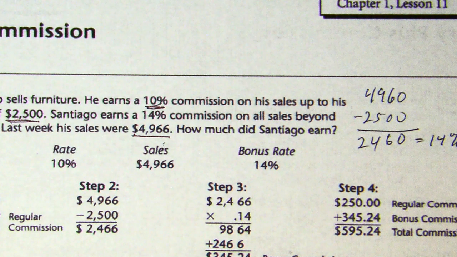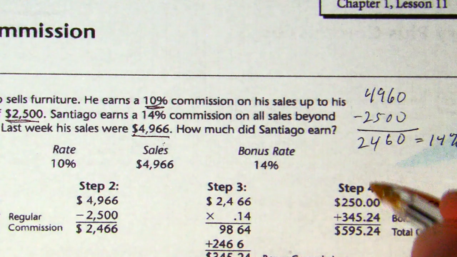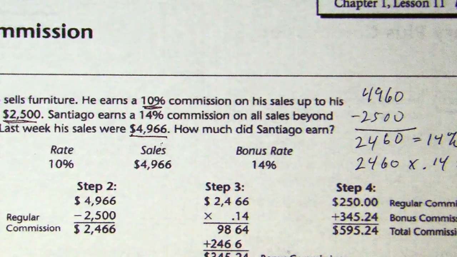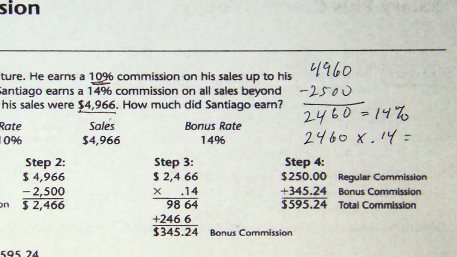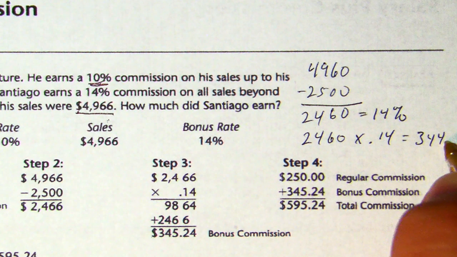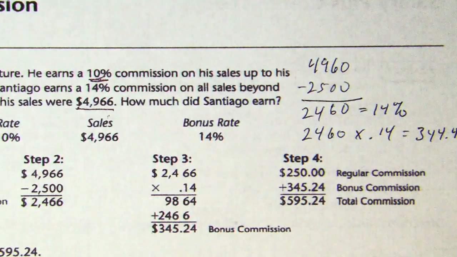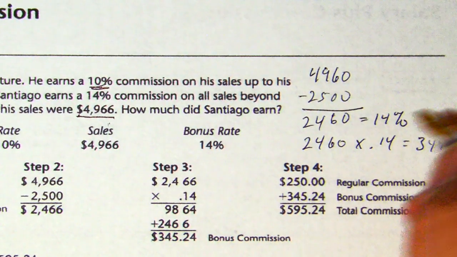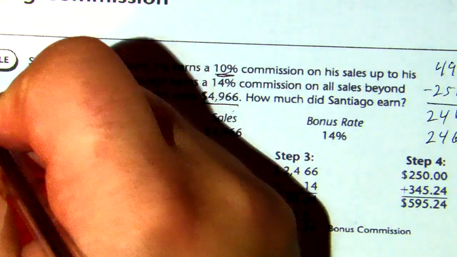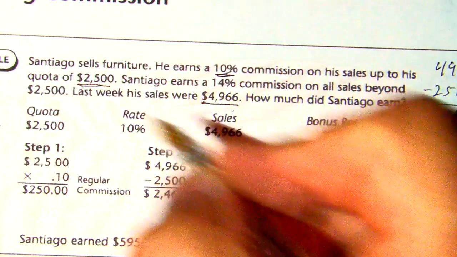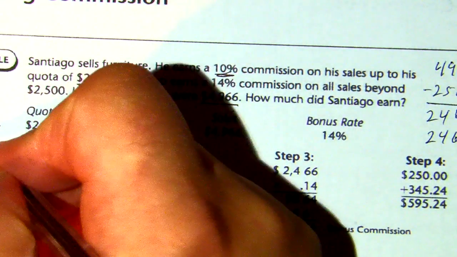So first, if you want, you could do the bonus. So it's going to be 2,460 times 0.14. And when you multiply that, we get $344.40. Okay, and then you're going to get 2,500 at 10%. 2,500 times 0.10. When you plug it in your calculator, you get 250.